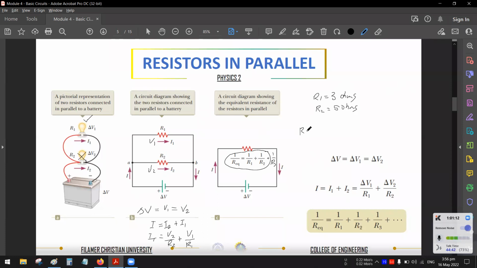So pag yung equivalent resistance mo is higher or greater than the smallest, 3 ohms, magtaka ka na. It might be wrong sa calculation mo. Baka may mali. Kasi yung equivalent value dapat dito is less than the smallest resistance. Okay? So take note lang ha. The equivalent resistance is always less than the smallest resistance in the group. Okay?